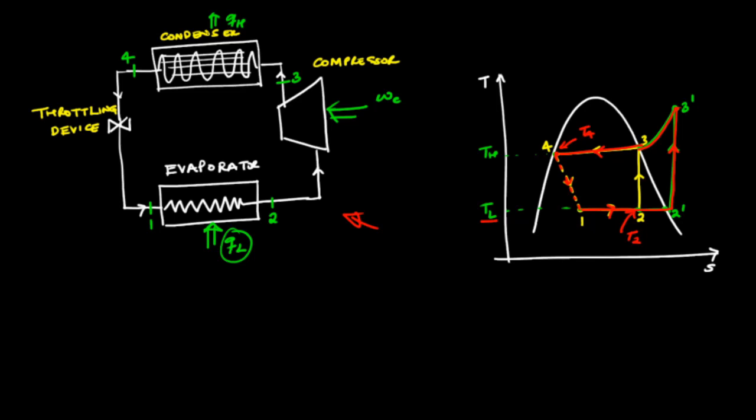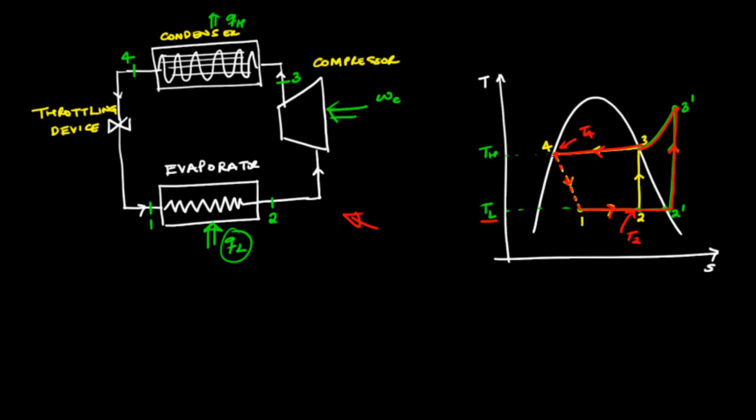Whereas when the system is used as a heat pump, its purpose is to heat the space to a temperature T4 that is higher than the ambient temperature T2. Therefore, a heat pump extracts heat from the ambient surroundings at temperature T2 and rejects heat to a high temperature heated space at temperature T4.